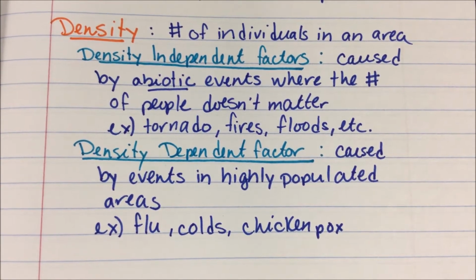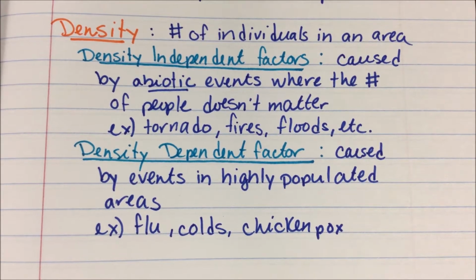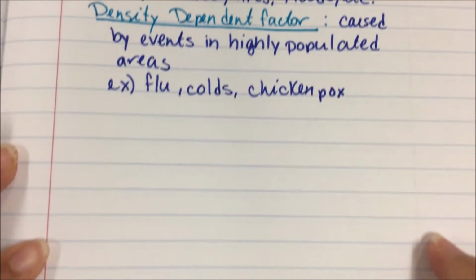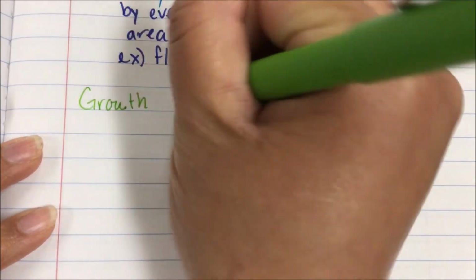Next on our list is growth rate. We're probably going to go on both pages just because there's a lot to write about growth rate. Growth rate is describing the increase and decrease of the population.